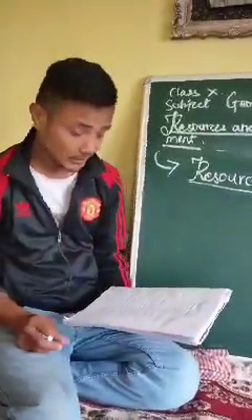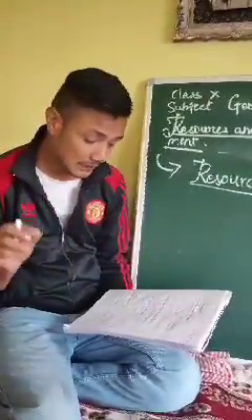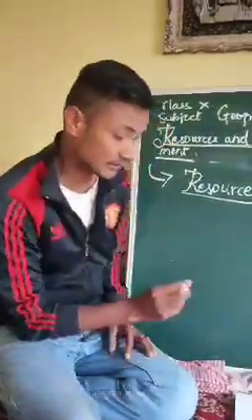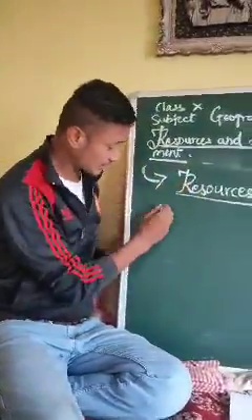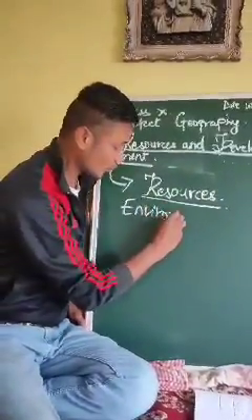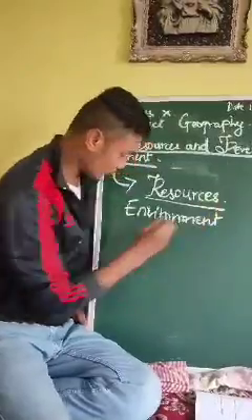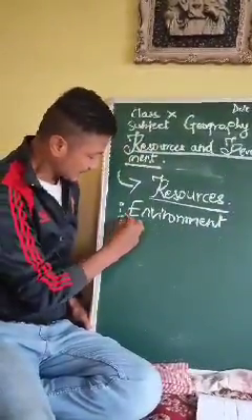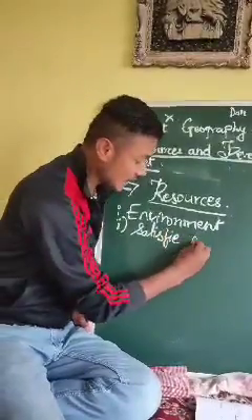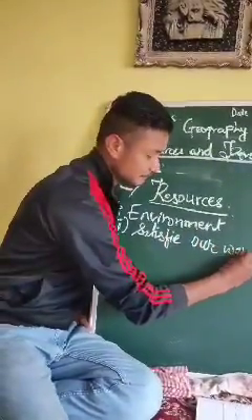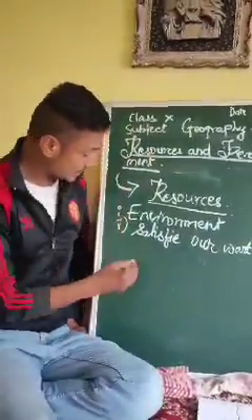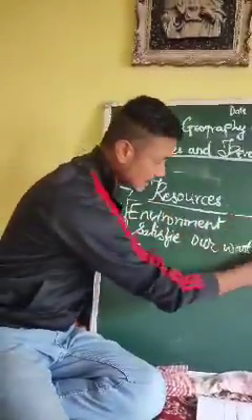Everything which is available in our environment, which can satisfy our needs, is called resources. So number one, it is available in our environment. Number two, it can satisfy our wants. I just want to highlight these two points.